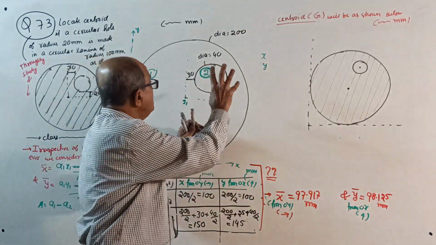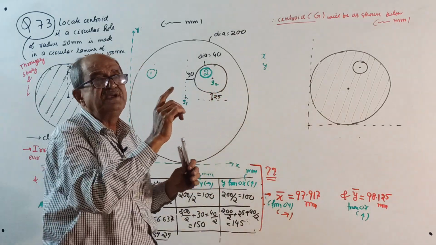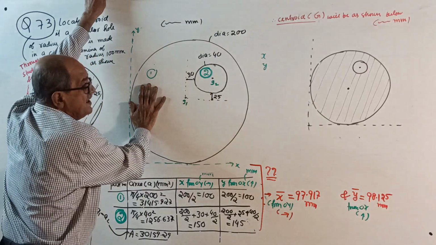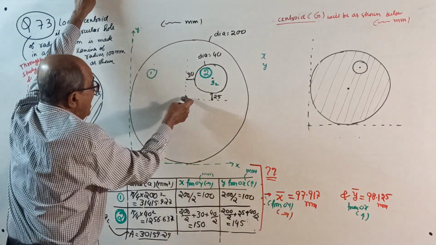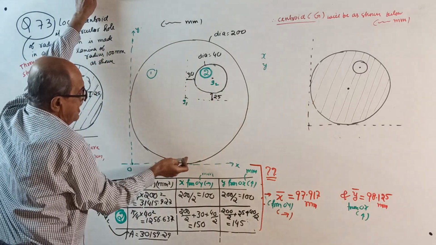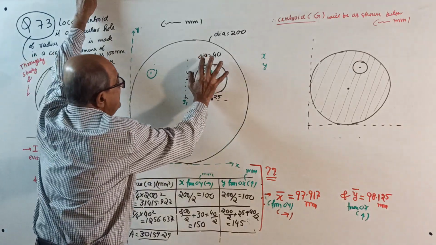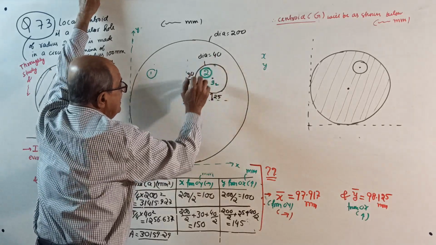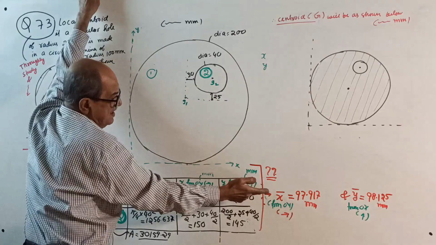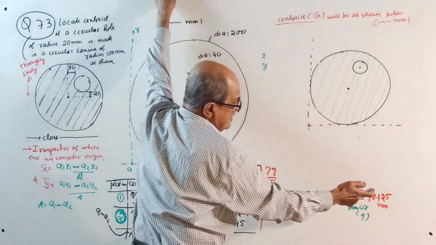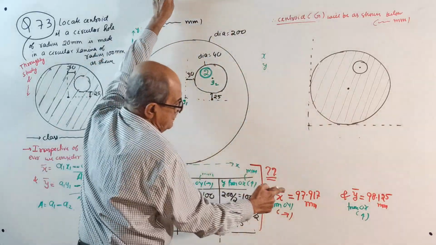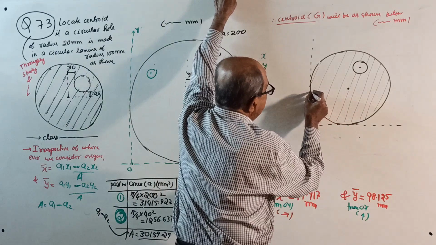If you remove some area here, the centroid will always shift to the other side, because we are losing the area, so there is more area on this side. So your x bar has to come less than 100. And y bar, if this area is not cut out, is exactly 100. Since you remove it here, it will come slightly down. Yes, 97.917, 98.125. Therefore, from the extreme left, 97.917. See, this is 100.